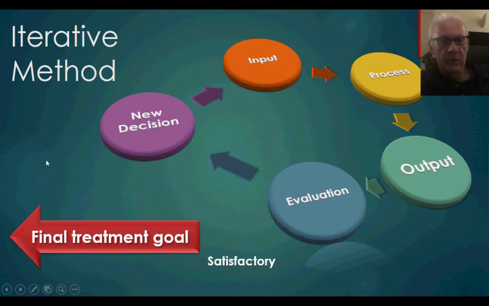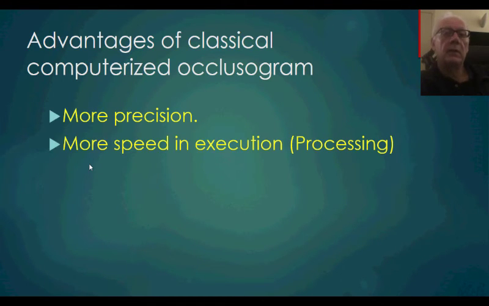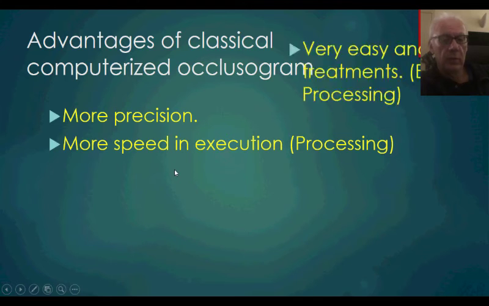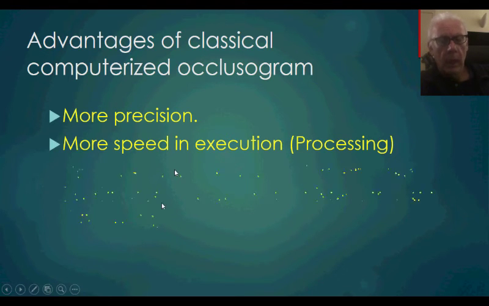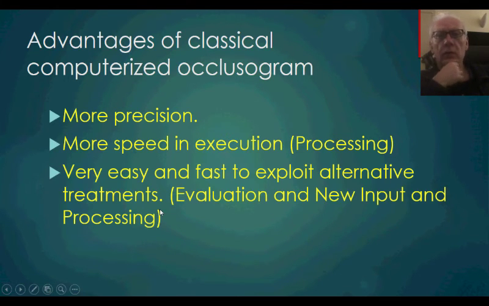The advantages of the classical computerized occlusogram are more precision. Definitely it's faster, and we have more speed in execution of the occlusogram. And it's also very fast to explore alternative treatments.